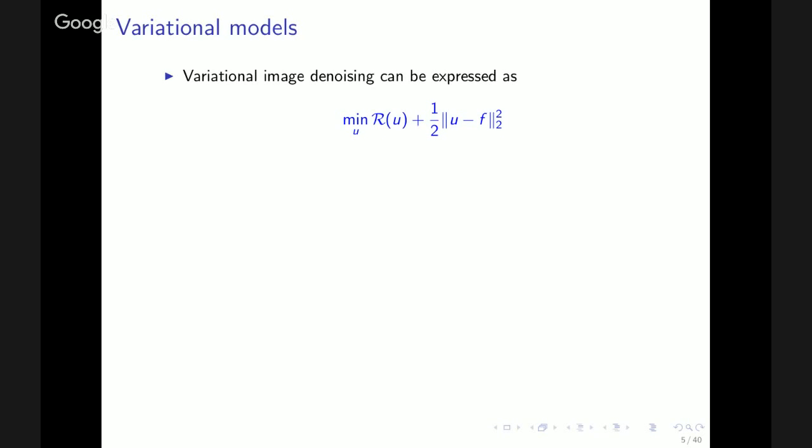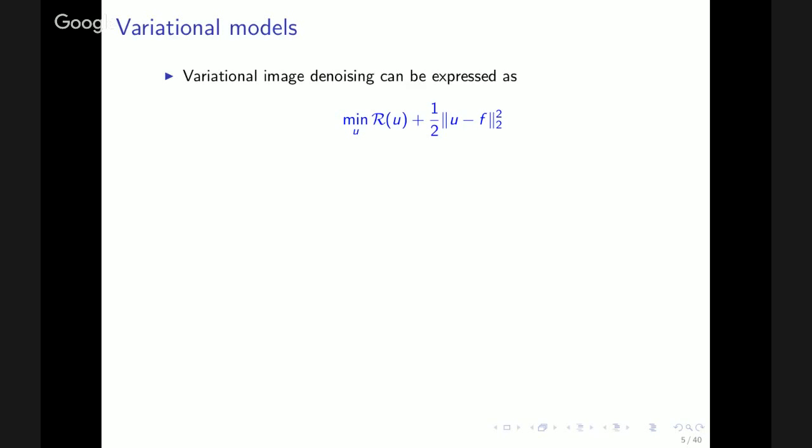So let us first consider the most simple variational model for image processing, which is for image denoising. In this case, if you assume you have Gaussian noise, it turns out that the least squares data term is an almost optimal approach.